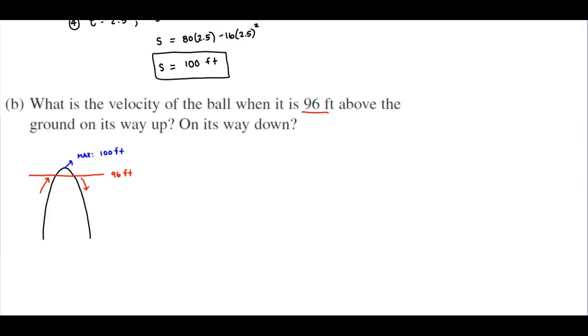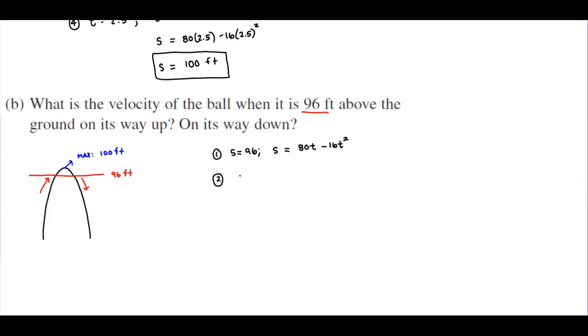Okay, so what we're going to do is take the position function. So we know that the position is s, which is equal to 96, and we know that the position function is equal to 80t minus 16t squared.